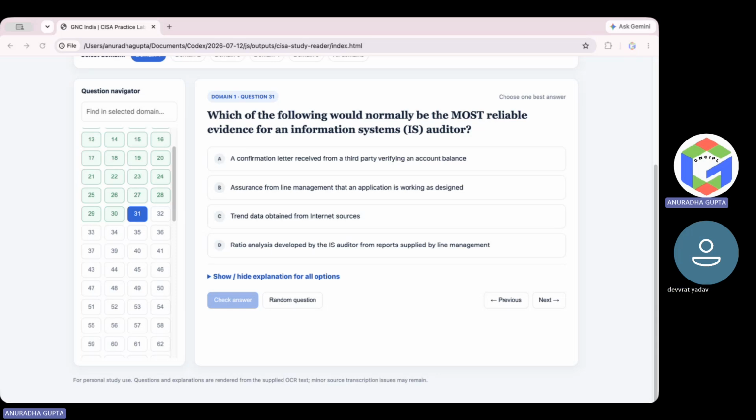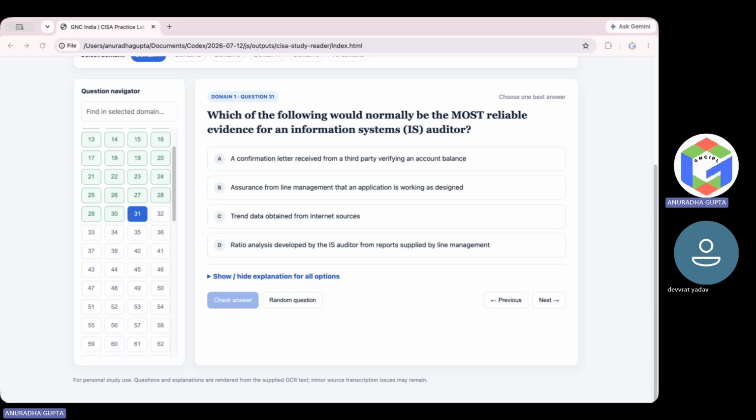So here if you look at option B, assurance from the line management that an application is working as designed. That is just the word of the line manager. So the line manager is saying this, and you cannot rely on it. Trend data obtained from the internet source. Internet sources are not always trustworthy, so you cannot rely on that.